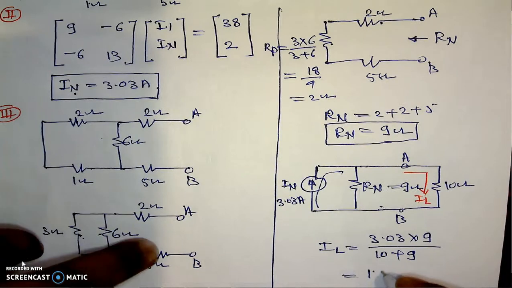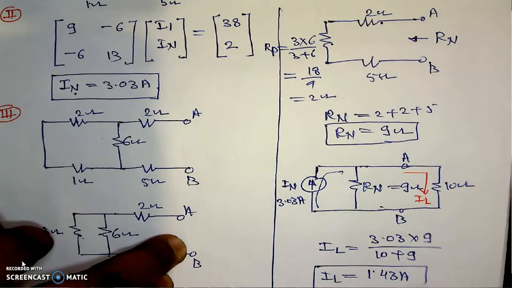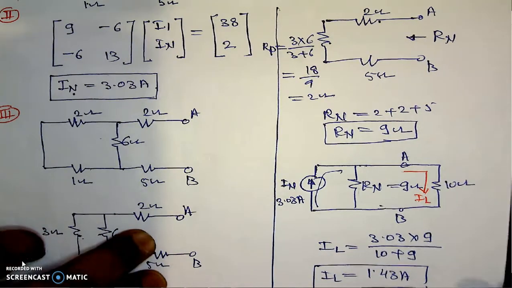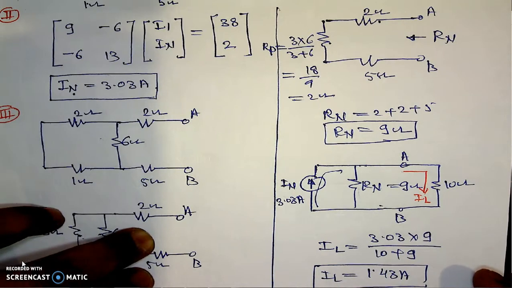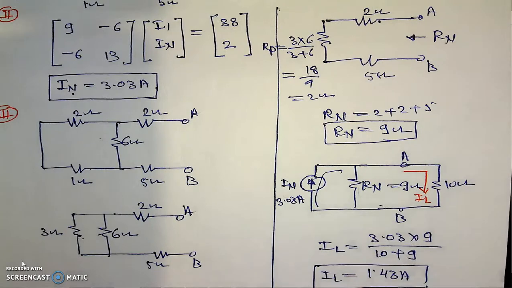This 1.43 amperes is the current flowing through the load resistance by using this method. Means this is the way to calculate the current flowing through the load resistance by using Norton's theorem. That's all for this particular video. Thank you.